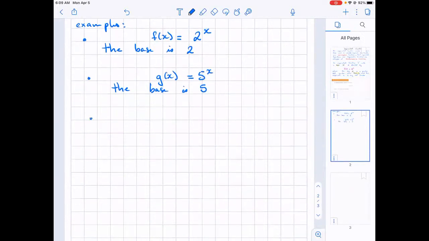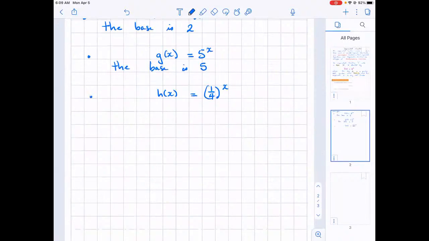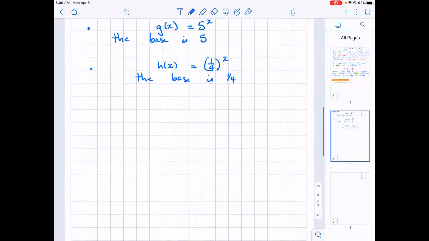If we look at the example h of x is equal to 1/4 to the x, the base is 1/4. And one more example, if we have a of x is equal to 3 to the x plus 1, here the base is 3.